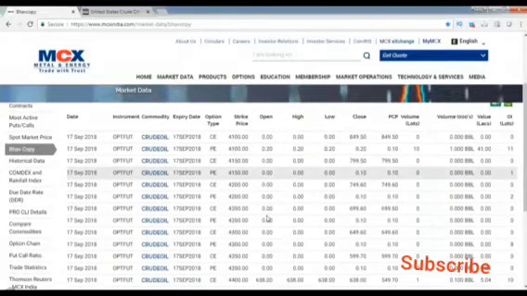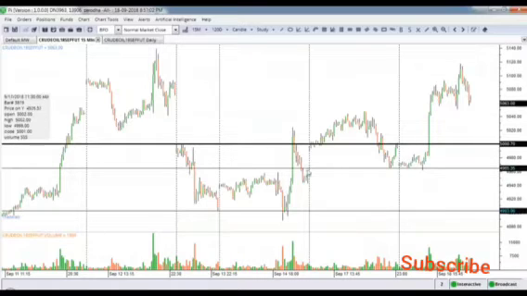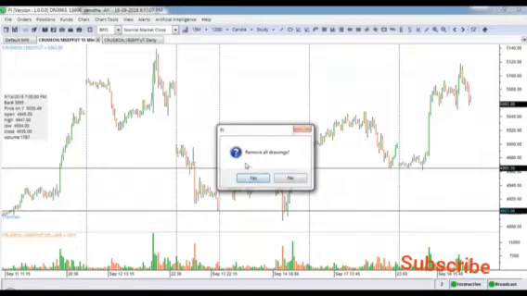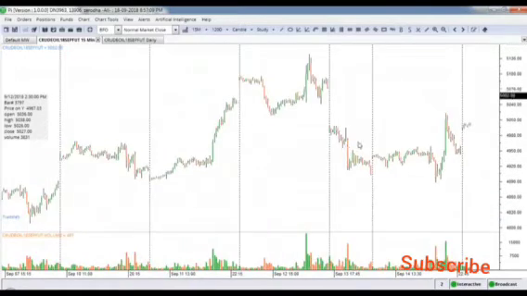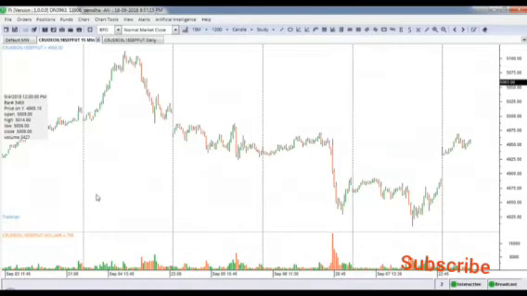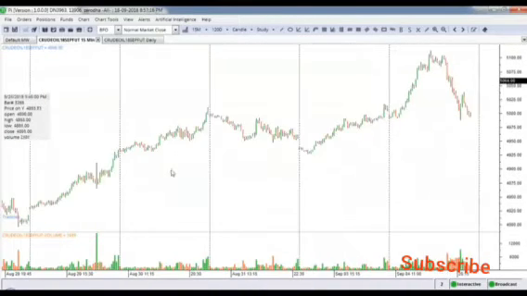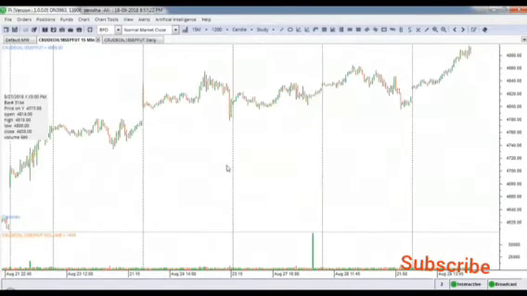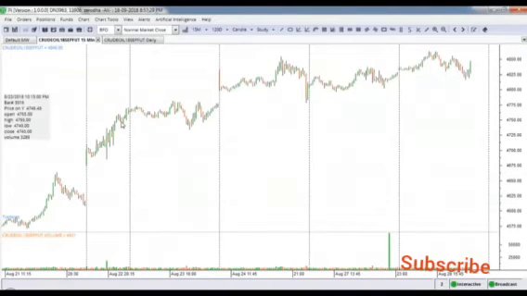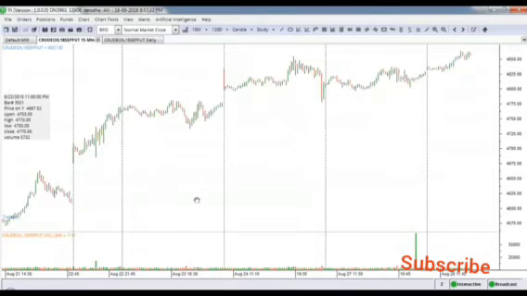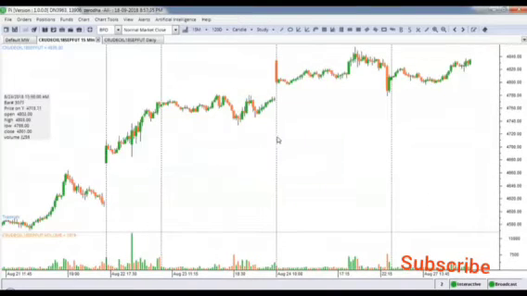So let's see the way we do it in equities. All right. Now, say for example, let's get rid of all this. Say 22. Okay, on this particular day. All right. So let's see.